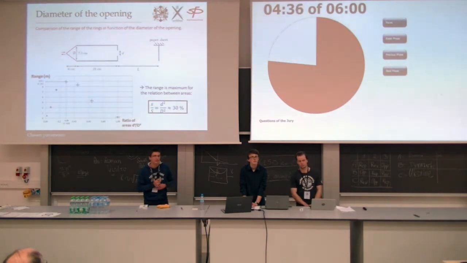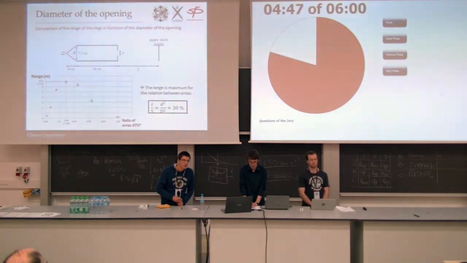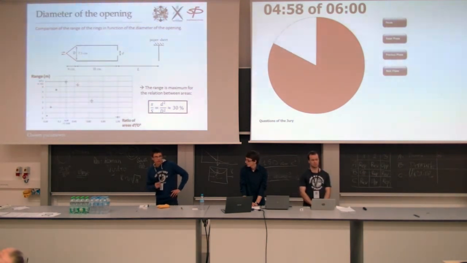Did you try to do your experiment at the same time, or for example with different shapes of the cubes you used, to control your experiment and to compare your results?